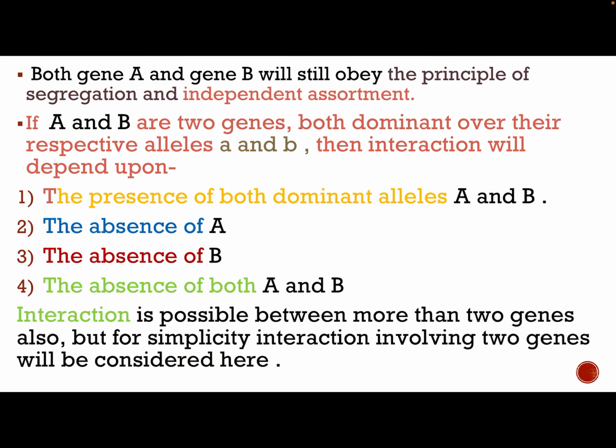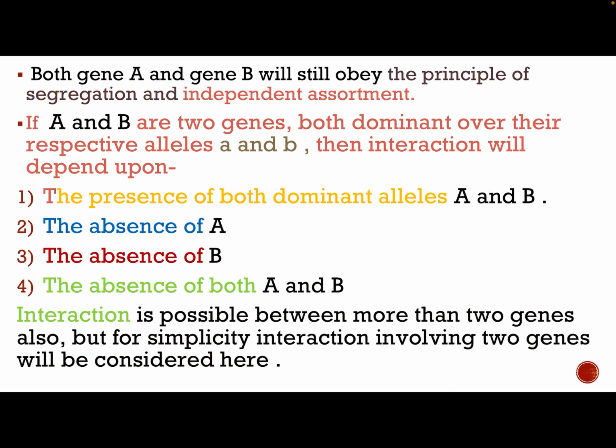Both gene A and gene B will still obey the principle of segregation and independent assortment. In Mendel's law, alleles were following segregation and independent assortment, but here genes will also follow the law of segregation and the law of independent assortment. If A and B are two genes, both dominant over their respective alleles, then the interaction will depend upon the conditions.